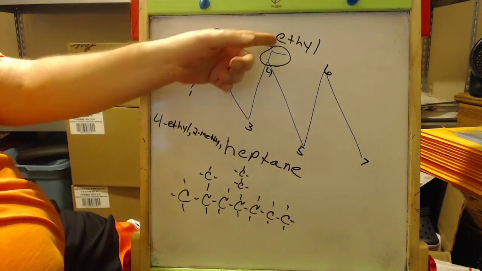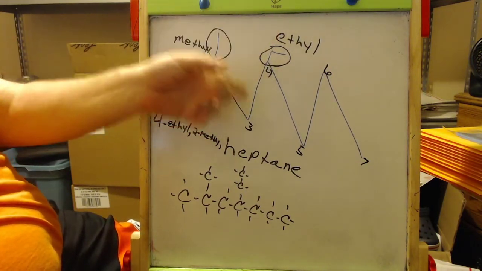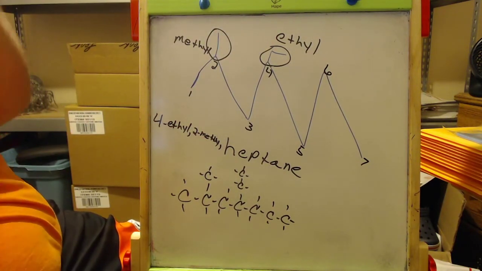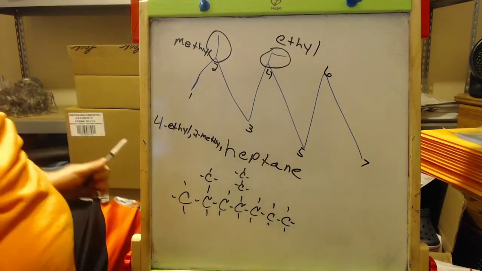Okay, so alphabetical order by side chain, not functional group, but side chain. Okay.